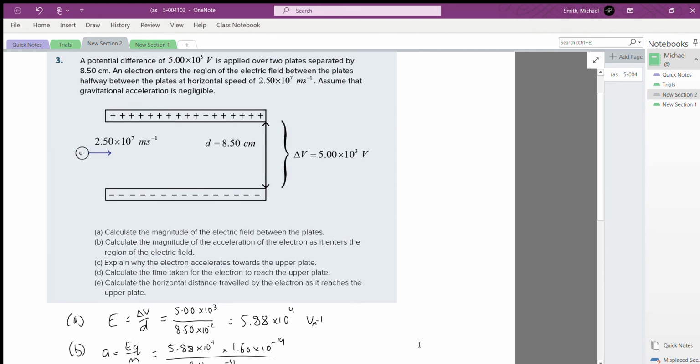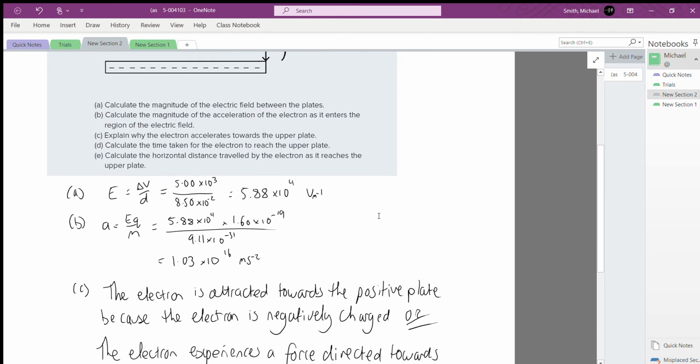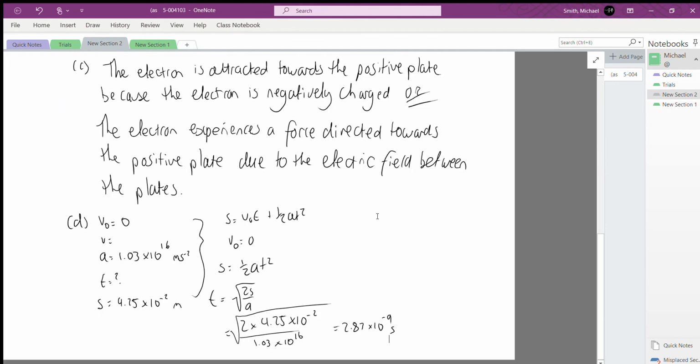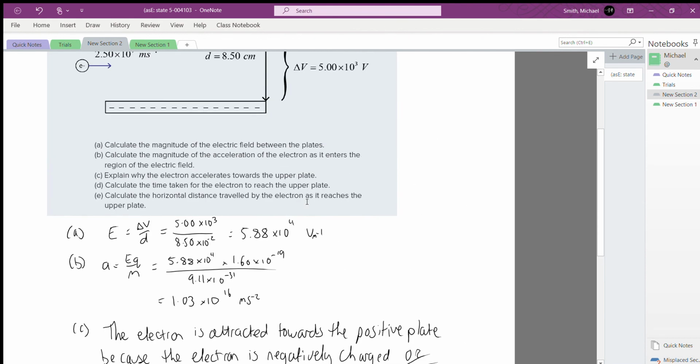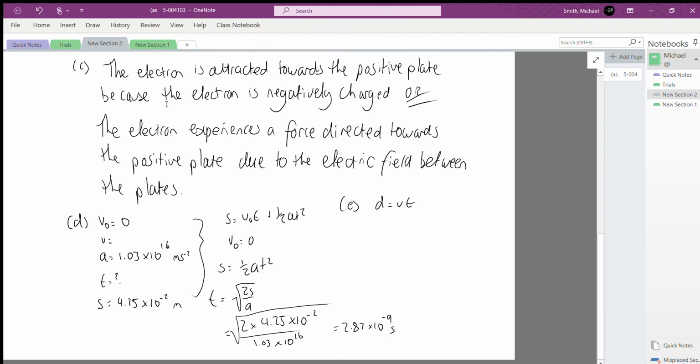Finally, part E, we're calculating the horizontal distance travelled by the electron as it reaches the upper plate. So here, this is fairly straightforward again. It's just like all the projectile motion questions, that d equals vt. We've just calculated t, and the velocity is 2.5 times 10 to the power of 7.